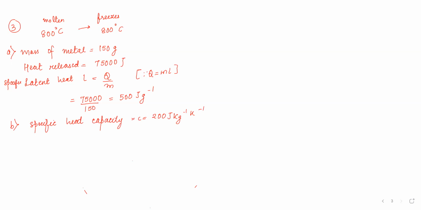Okay, children. So what will be delta T here? Delta T is the initial temperature minus final temperature, and it has to be positive. So from 800 degrees, you are changing it to minus 50. So this is 800 plus 50 degrees Celsius, which is 850 degrees Celsius.